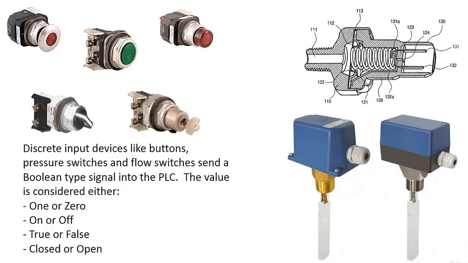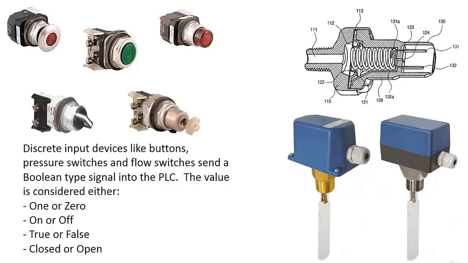Those are the type of signals that account for most of what we'll usually be programming in the field, although I'm sure there are those exceptional projects where everything is analog. But these signals, when we're talking about a program and we're talking about logic, they're described as being either 1 or 0 when you look at the register in the memory and the data table inside of the PLC.